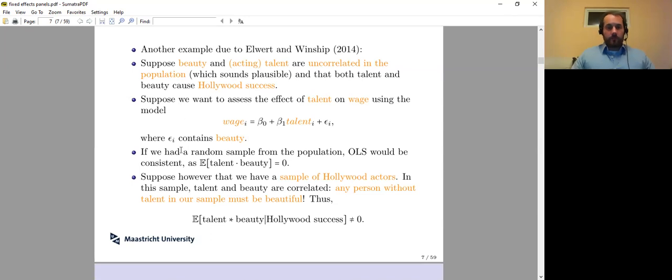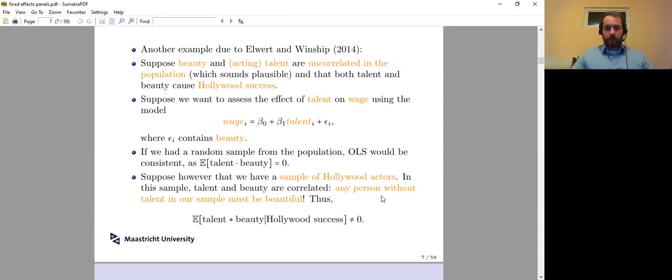In comparison to that, let's say that we have a sample of Hollywood actors. Again, in the population, beauty and talent are uncorrelated. However, if we look at this subsample, talent and beauty are actually related. They are correlated because any person that doesn't have talent and is in our sample must be beautiful.